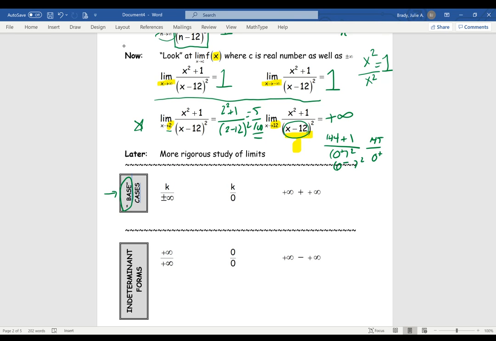If you have some number k, and essentially you're dividing by either, say, 7 over infinity, or 7 over negative infinity, or negative 12 over infinity, or negative 12 over negative infinity, no matter which way it comes, these are getting super, super close to 0. And we know that if we have a limit in this form, that's going to 0. Okay?